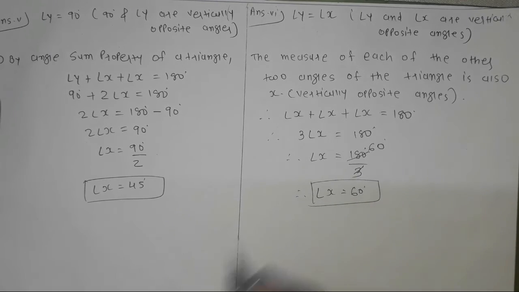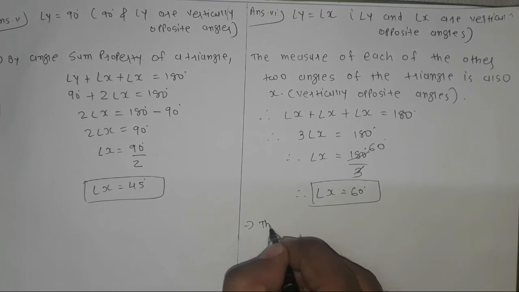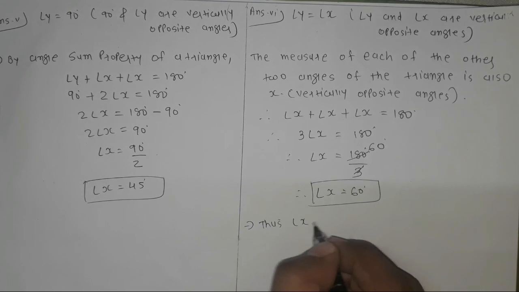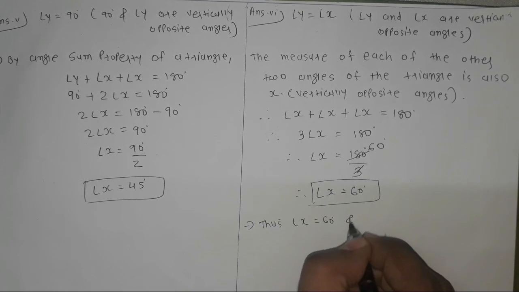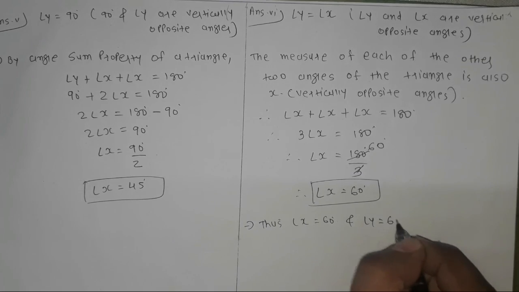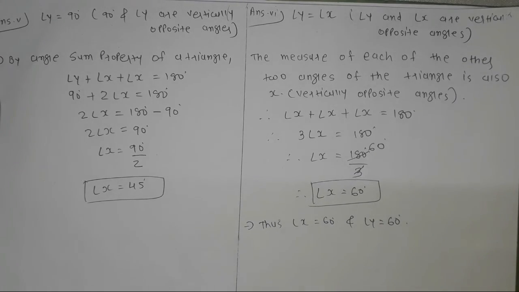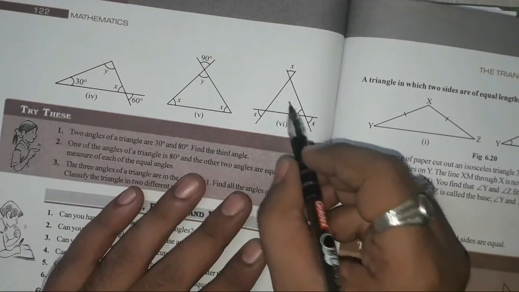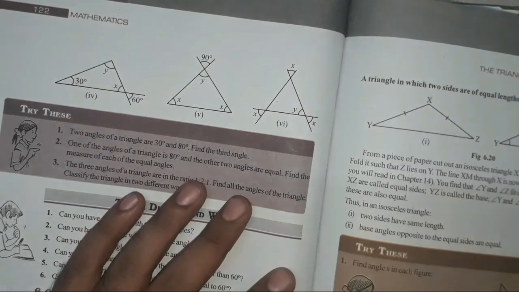So the value of each angle x is 60 degree. Thus angle x is equal to 60 degree and angle y is also equal to 60 degree. So here the value of each angle in this triangle is equal to 60 degree.